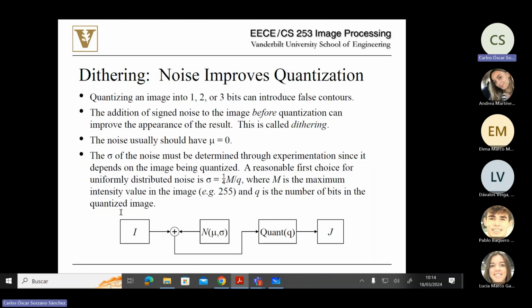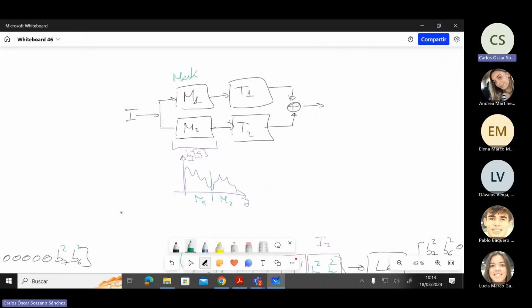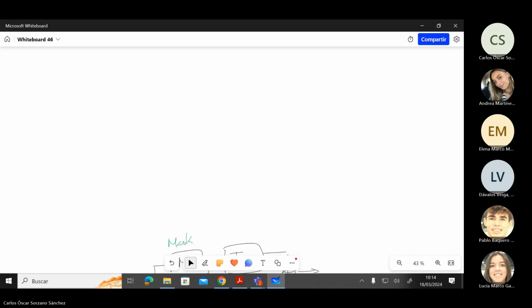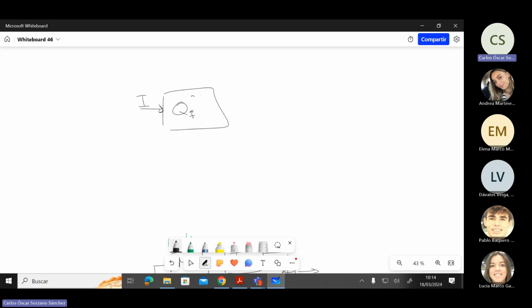So what is this quantization? The quantization operator takes a value, and we quantize this value by a factor Q. I prefer that notation, but you have to be consistent with our previous notation.